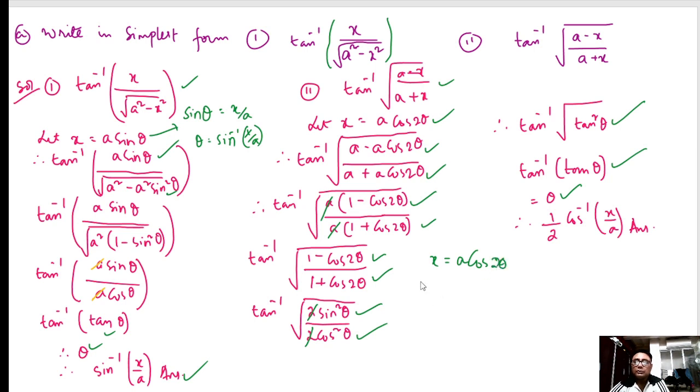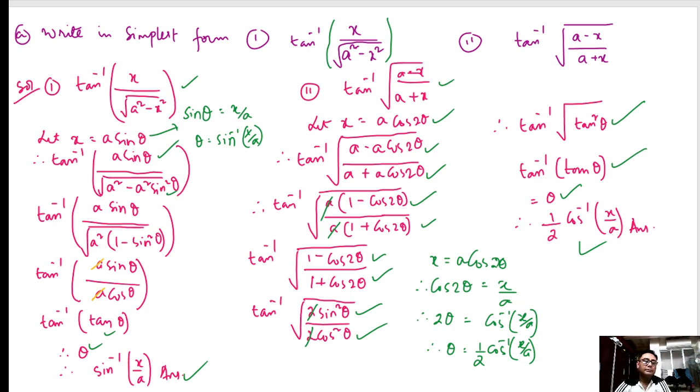So cos 2 theta is x by a. Therefore 2 theta is equal to cos inverse x by a, so theta will be half cos inverse x by a, and that is the answer.